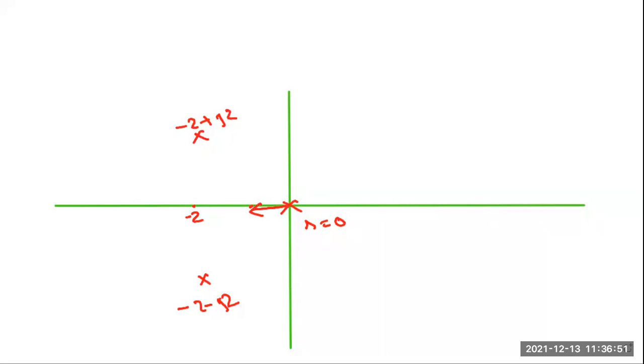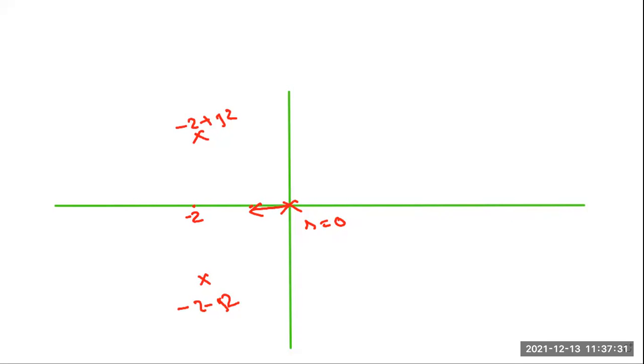What is the value? Sir, 0. How is it 0? Sum of poles is how much? -4.